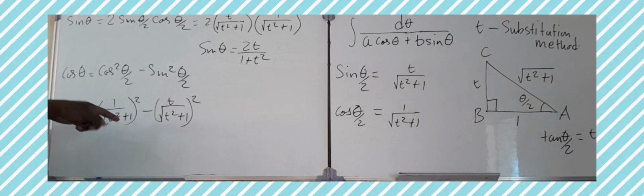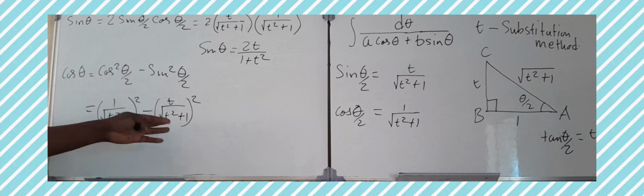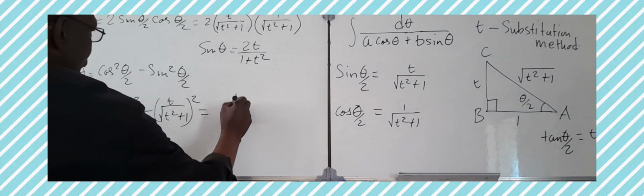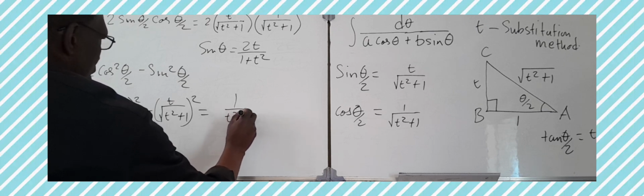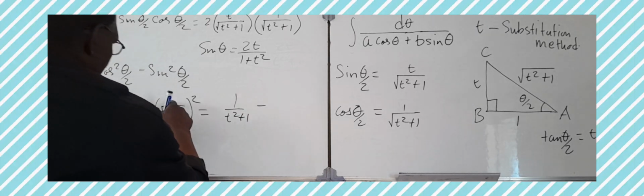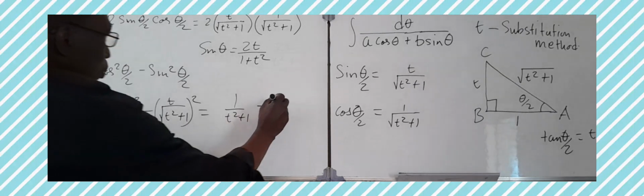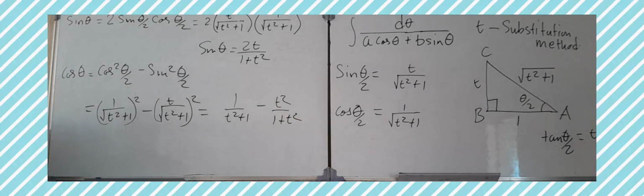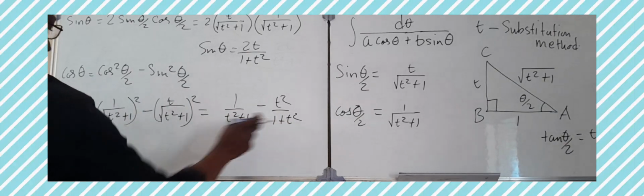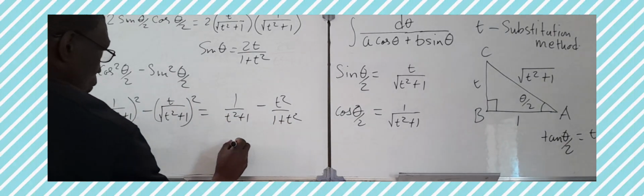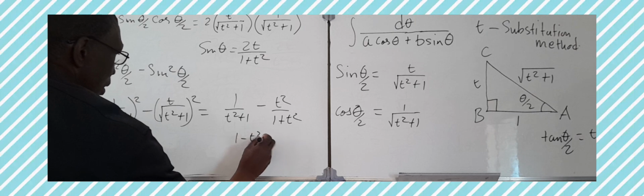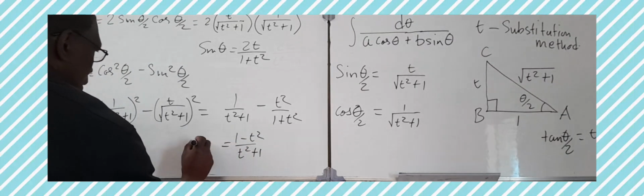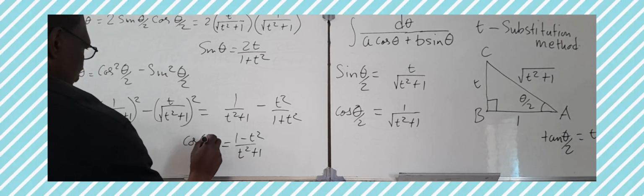When we square, the square root signs disappear. So we are left with 1 over t squared plus 1 minus t squared over 1 plus t squared. This simplifies, because there's a common denominator, to 1 minus t squared over t squared plus 1. This is what cosine of theta is.